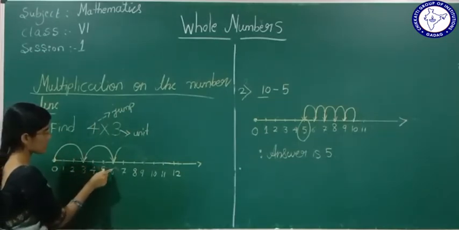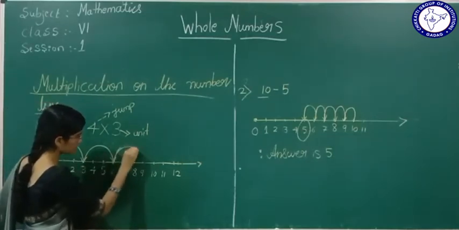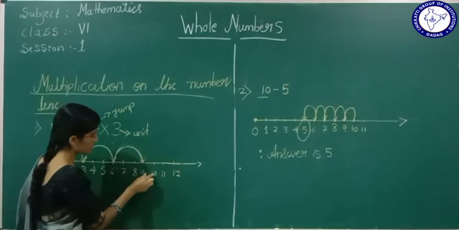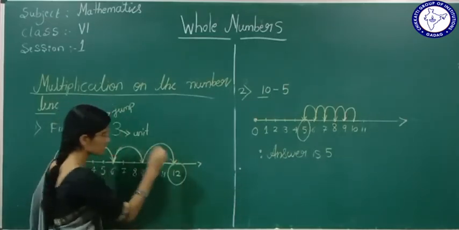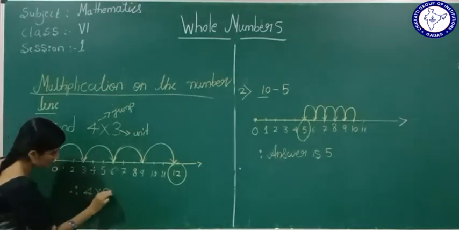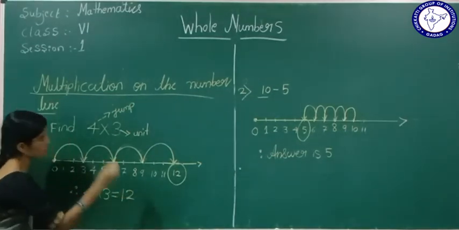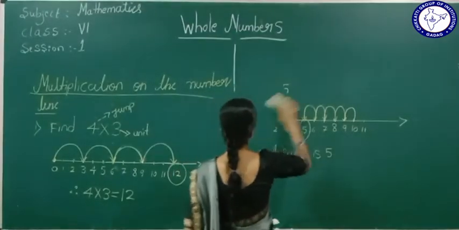This is the second jump. 1, 2, 3. Third jump. 1, 2, 3. This is the fourth jump. The answer is 12. Therefore 4 multiplied by 3 is 12. Okay. So we will consider one more example.